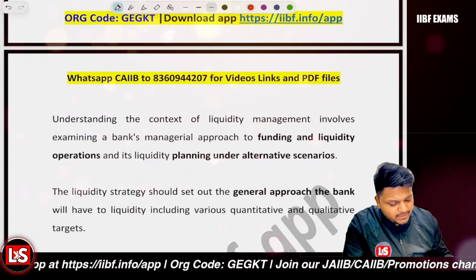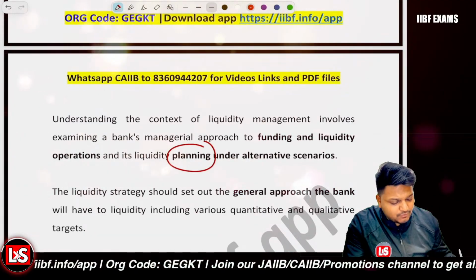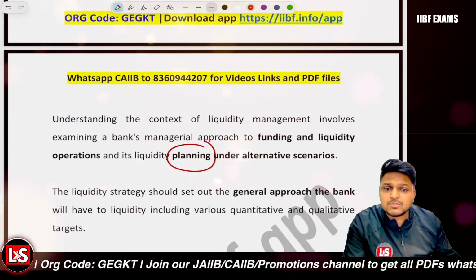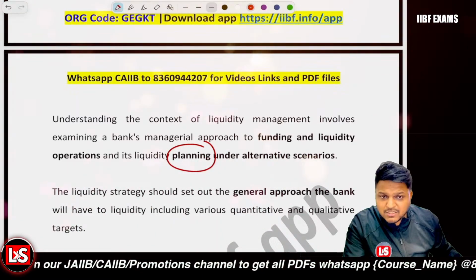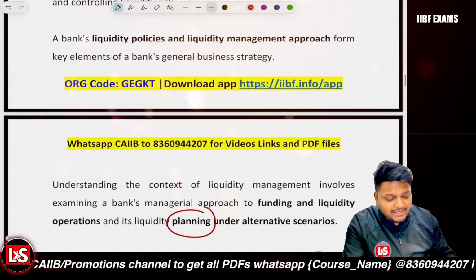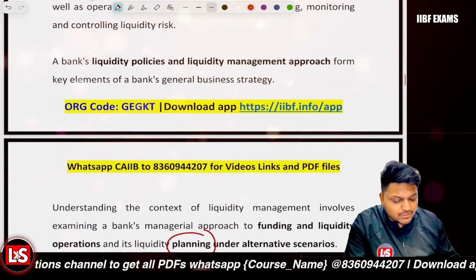So planning should be done in such a manner that we look into the alternative scenarios, and we should have the proper liquidity strategy, and further it should be an integral part of the business strategy.